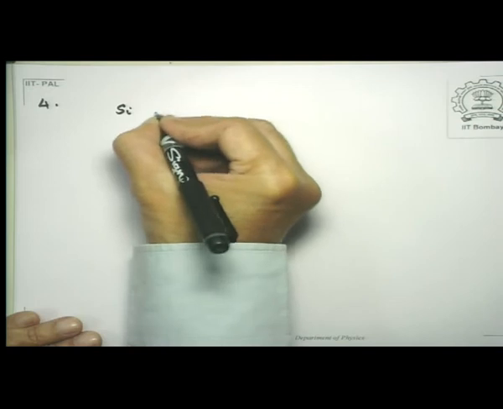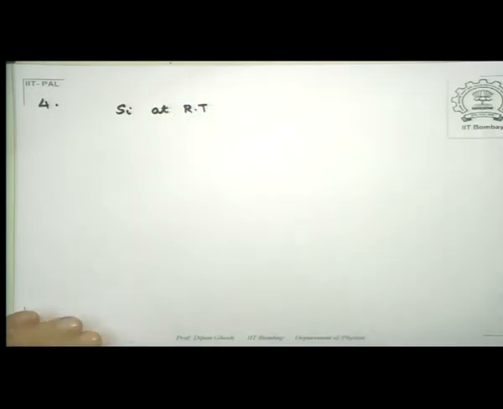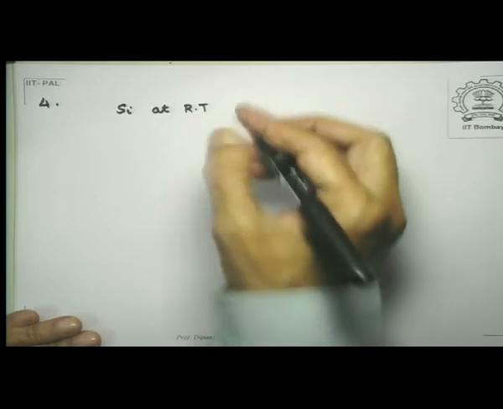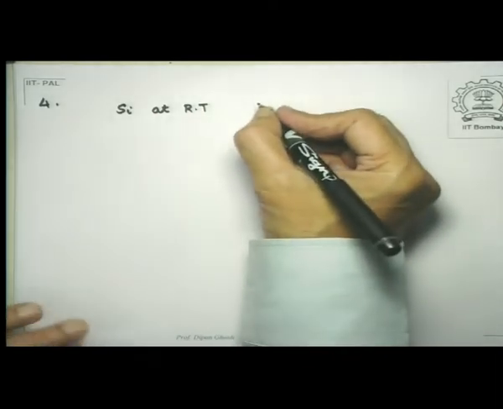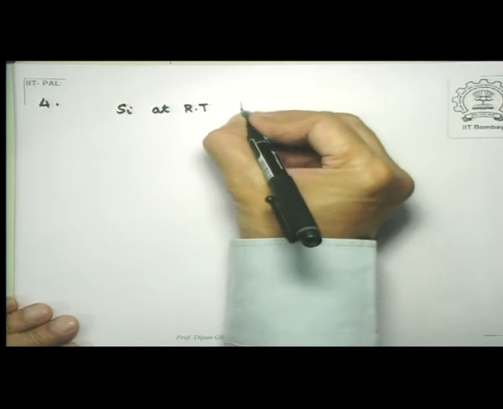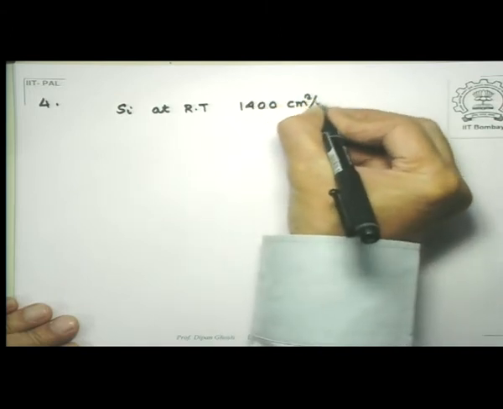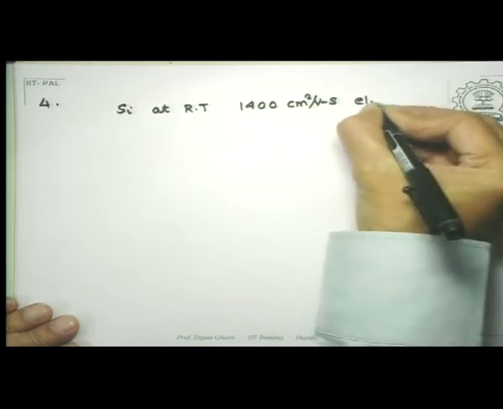For example, if you look at silicon at room temperature, there are two types of charge carriers in silicon or semiconductors in general. Electron mobility is about 1400 centimeter square per volt second.